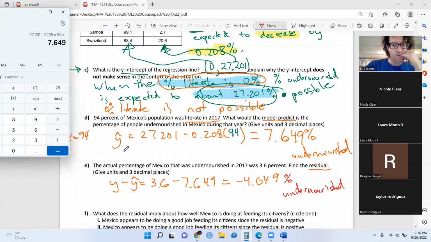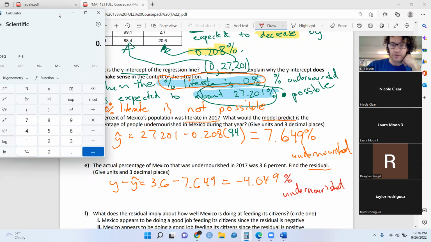I'm using a regular calculator, so maybe I should do the multiplication first. You might have done 0.208 times 94 minus 27.201. Oh, wait, I said 64.